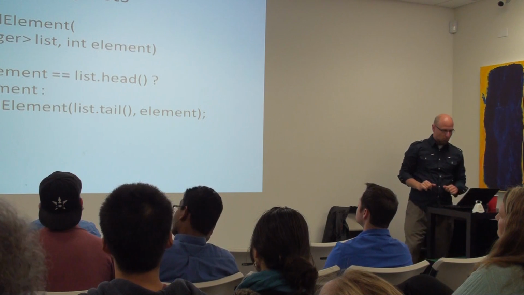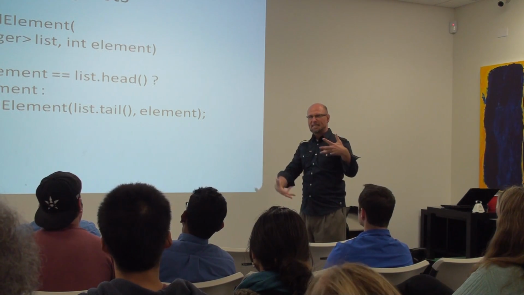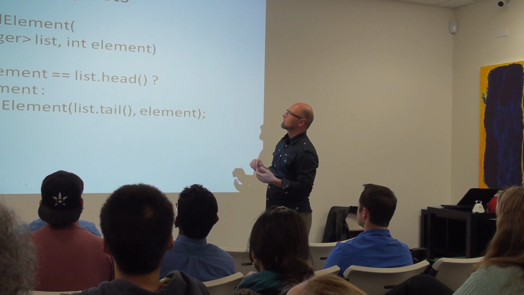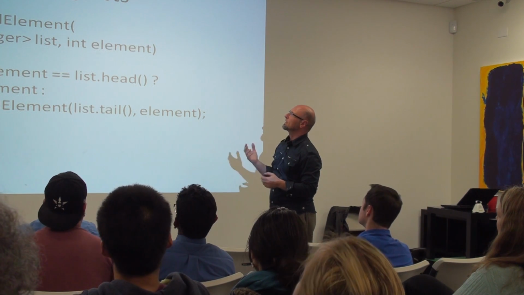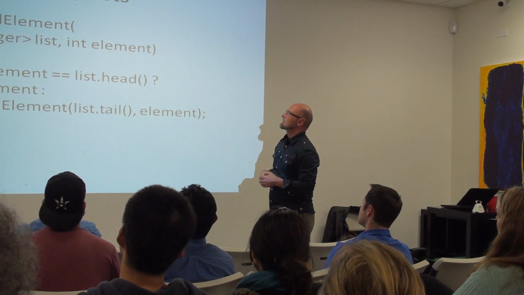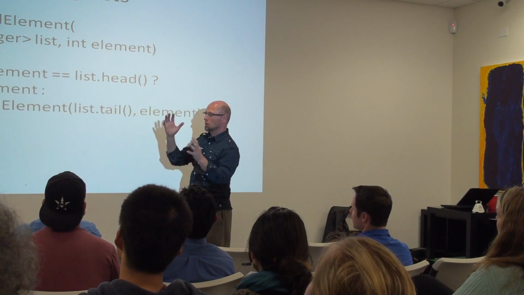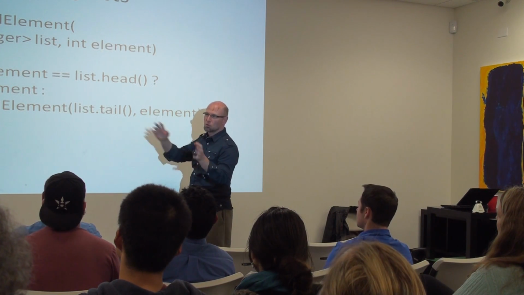Here we are. So when we use a list, how do we actually access and work with all the elements of a list? In this case, it's our old friend, find. It takes a list and an element. The way you do this is that you use the head, and then you hunt on the tail, and then you just call recursively.